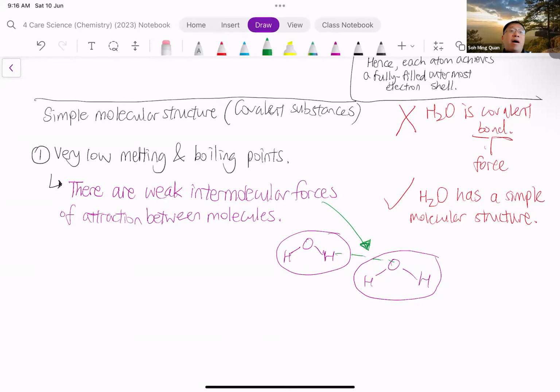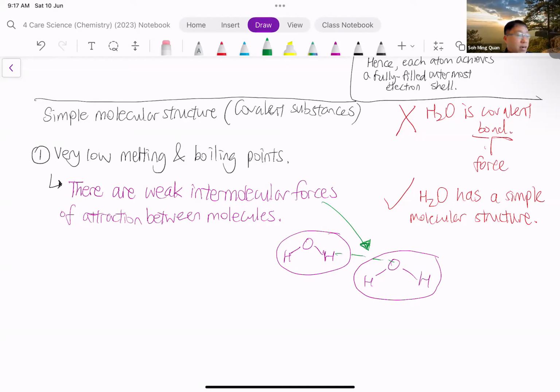Therefore, when you are melting or you are boiling water, what you are doing is that you are moving the molecules further apart. You are not separating the oxygen and hydrogen atoms. You are not separating the atoms which are covalently bonded. What you are separating is each individual molecule only. Right?